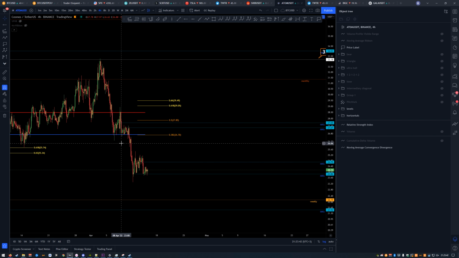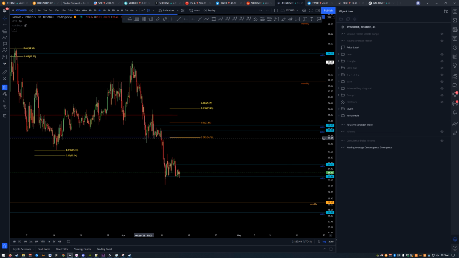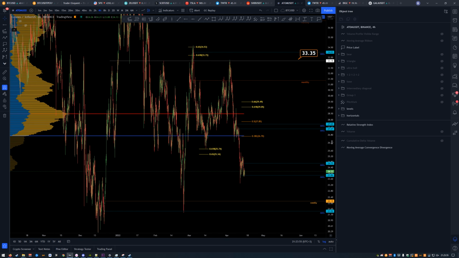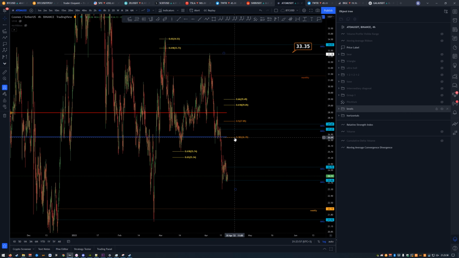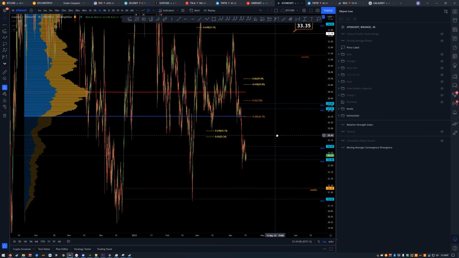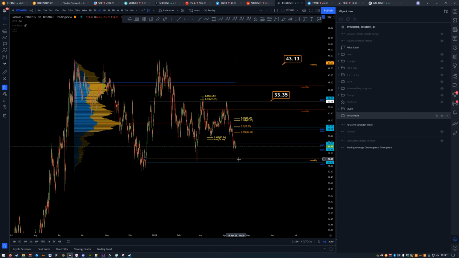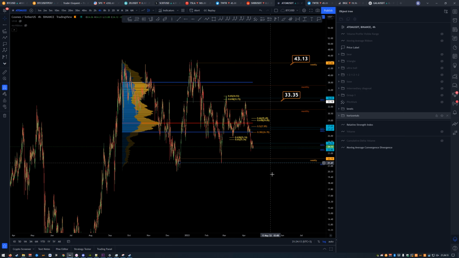Again, this range value area low has been acting as support or resistance before, and if we ever come up to here, it should be a nice resistance. There's also the 382 right at that point where we could expect some kind of resistance. So I think those are the levels that I'm keeping my eye on as the price continues to develop here.